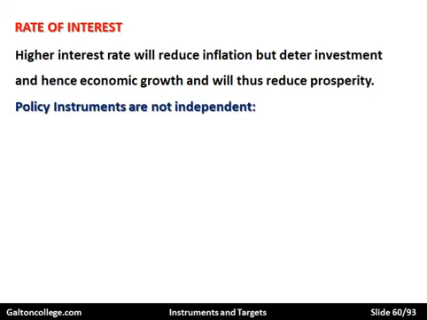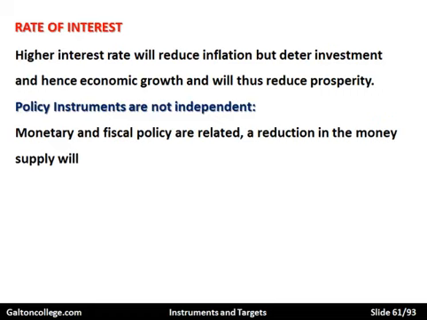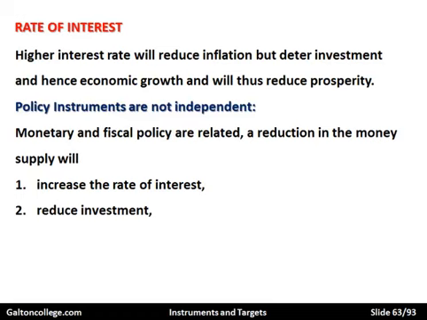The policy instruments are not independent. Monetary and fiscal policy are related. A reduction in the money supply will increase the rate of interest. Well, that's a monetary phenomenon. So a reduction in the money supply will increase the rate of interest, which will reduce investment, or could reduce investment.